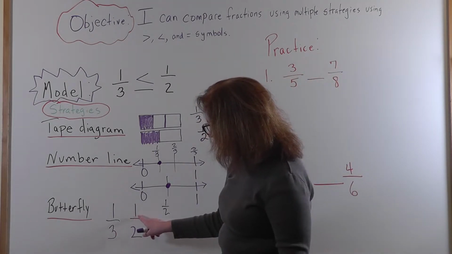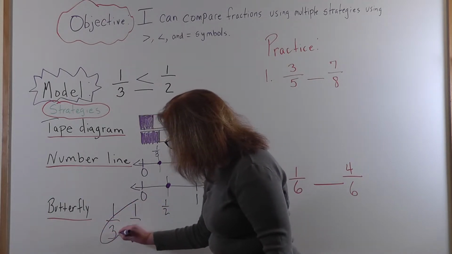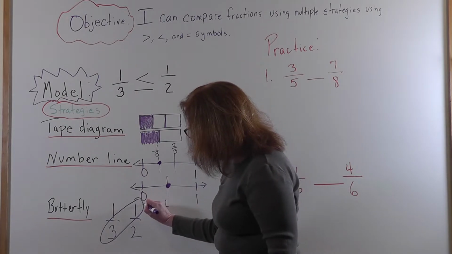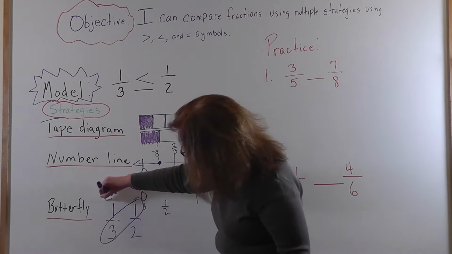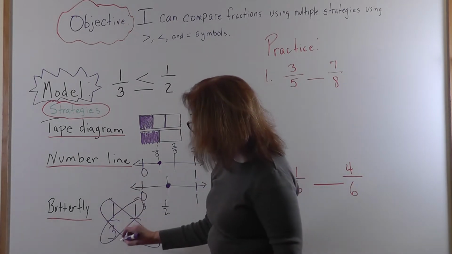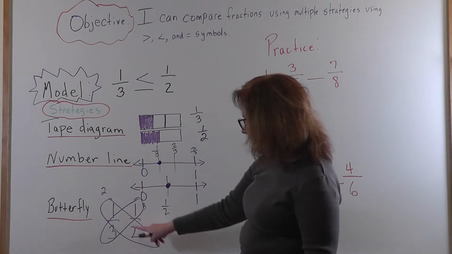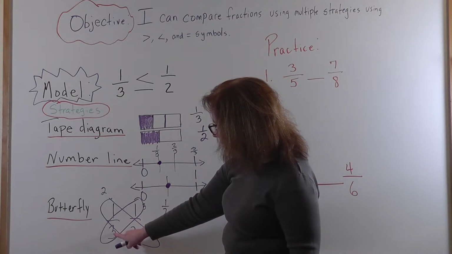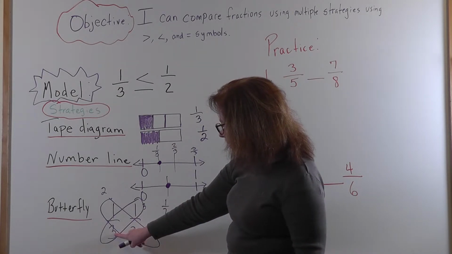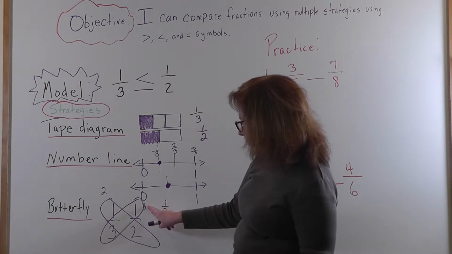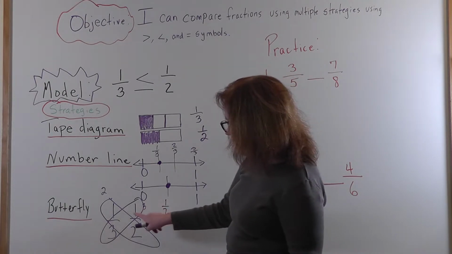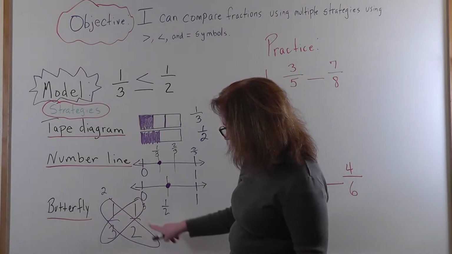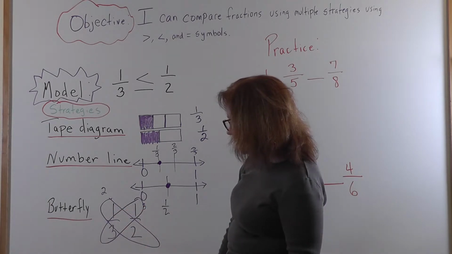You go 3 times 1, and I'm going to circle it: 3 times 1 is 3. So I'm going to put a 3 right here. And then I go 1 times 2 is 2. See how it looks like a butterfly? So you multiply the denominator, 3, times 1, and you put a 3 here. Then you multiply the numerator 1 here times this denominator, and you circle it, and 1 times 2 is 2.